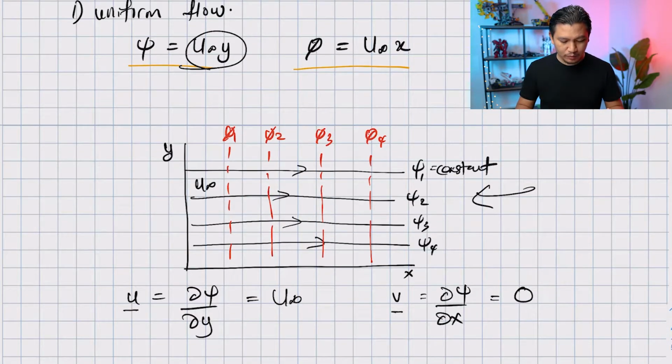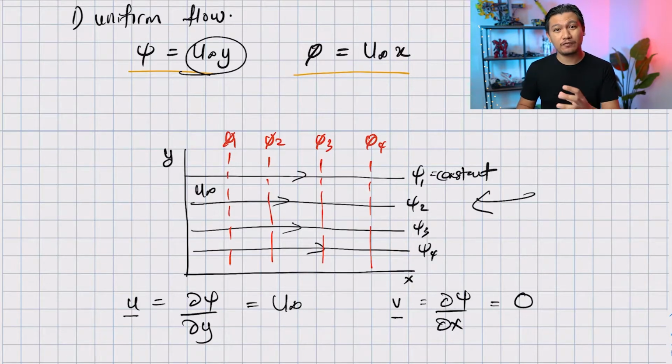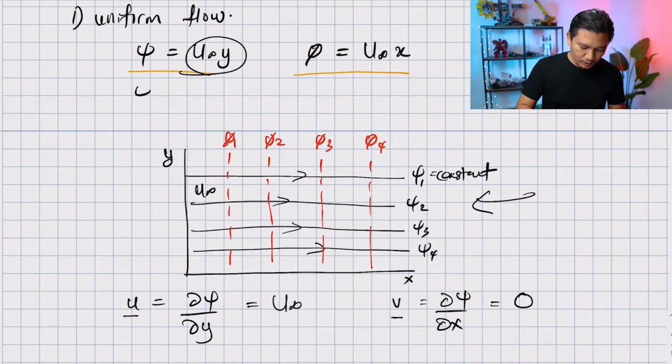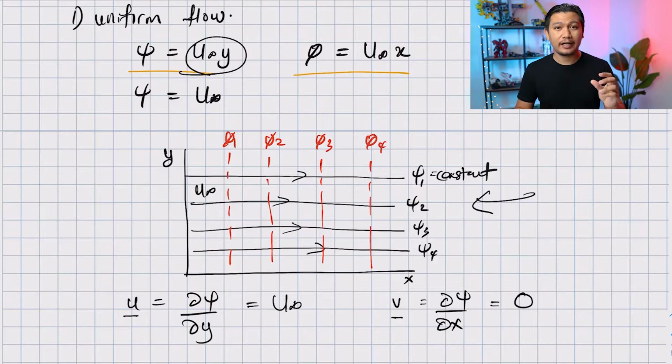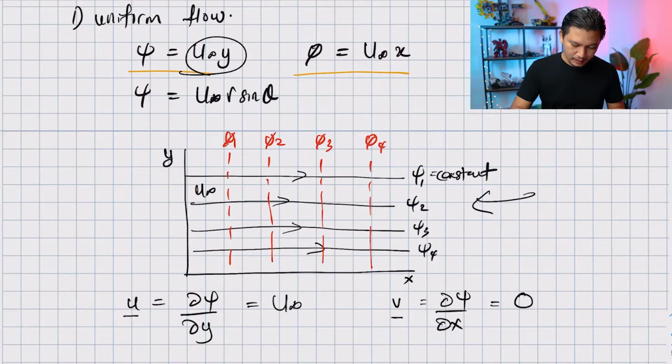Now, what if I want to plot this uniform flow in polar coordinate? What does the stream function and potential function look like? So, psi in polar coordinate is equal to u infinity, and of course, y is simply equal to r sine theta. So, this is u infinity r sine theta. And my phi in polar coordinate is u infinity r cos theta.